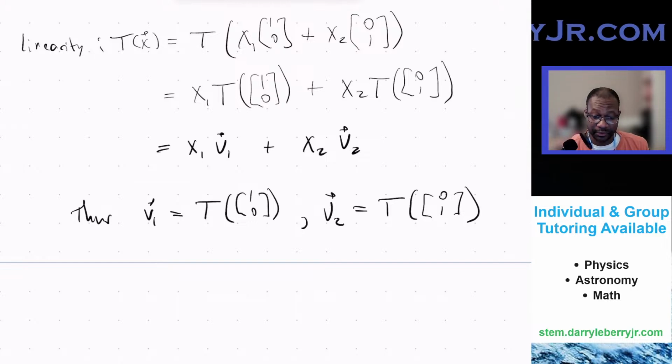Indeed, we can create a 2 by 2 matrix by inserting v1 as the first column and v2 as the second column.